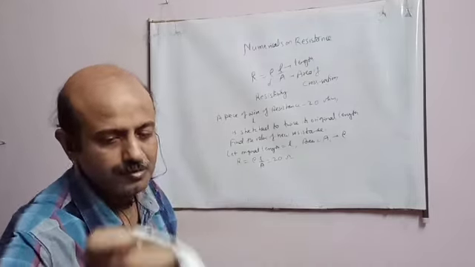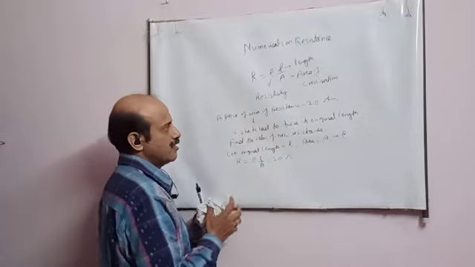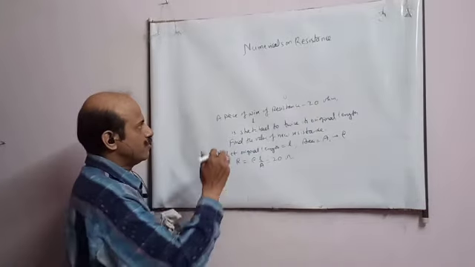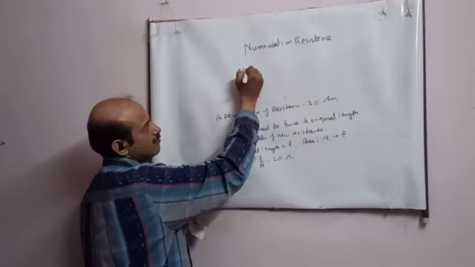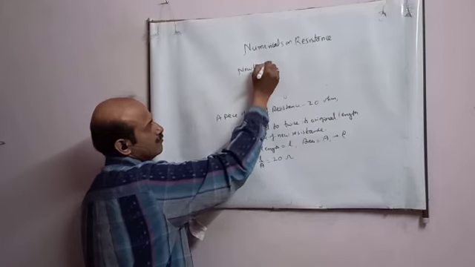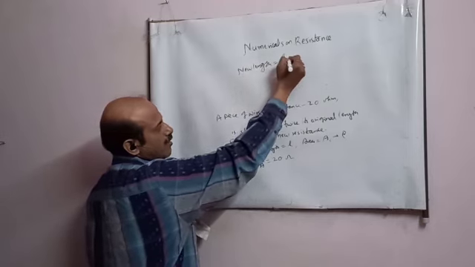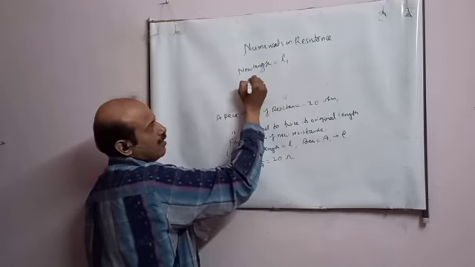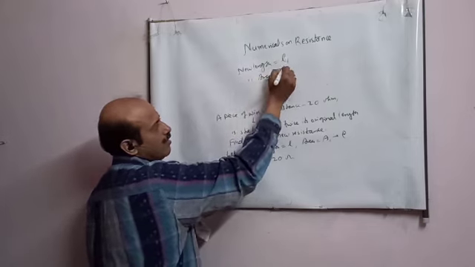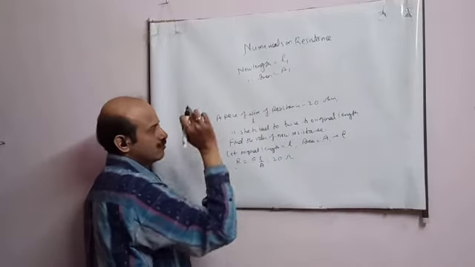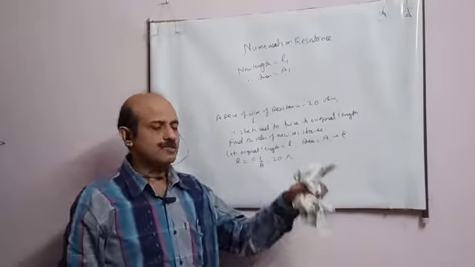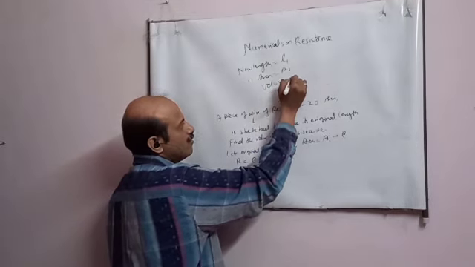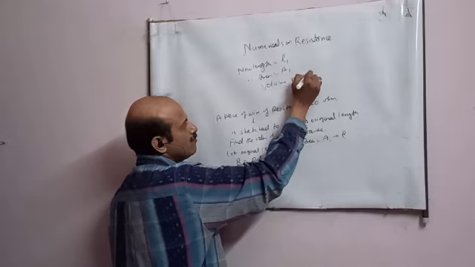Now the wire has been stretched. The new length I am denoting by L1 and the new area by A1. As the wire is stretched, the volume remains the same.